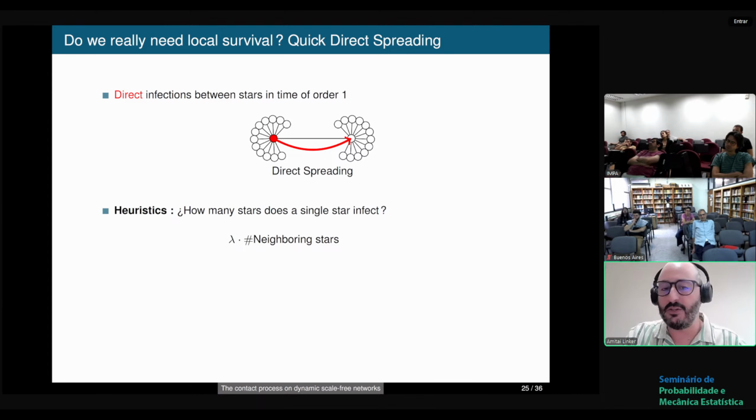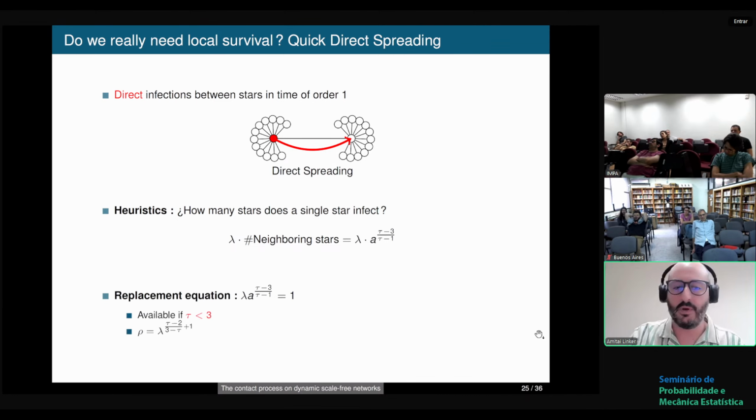So how many stars does a single star infect? You just take lambda times the neighboring stars. Now you don't multiply it by the local survival time, and you obtain some expression, and you impose the same replacement equation. With this, you just obtain what are the things that you need, in this case, tau smaller than 3, and you obtain a metastable density.